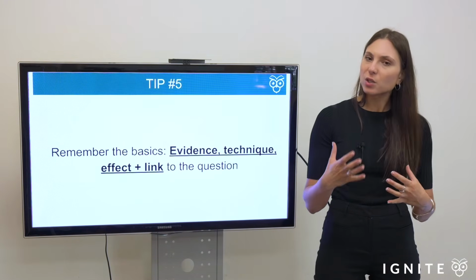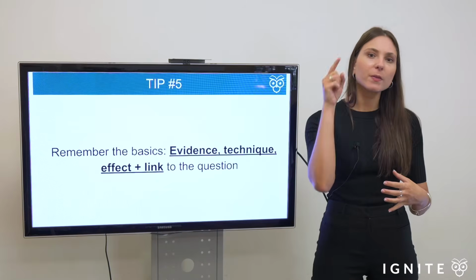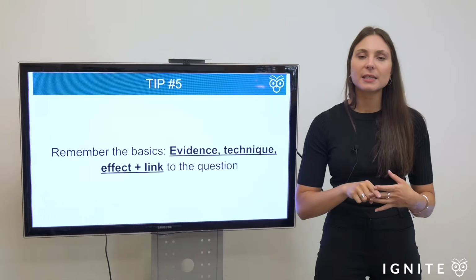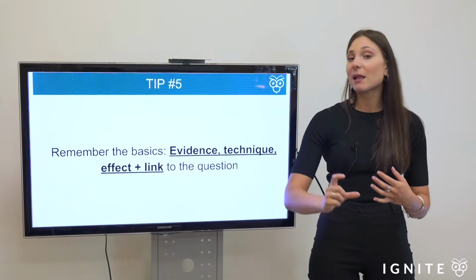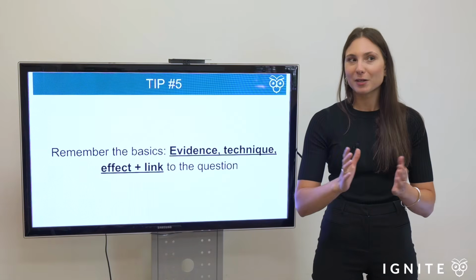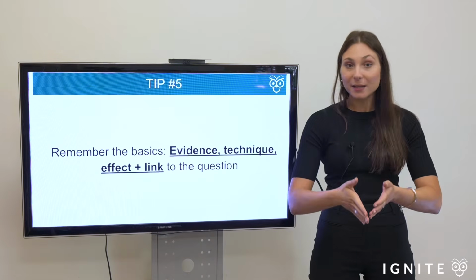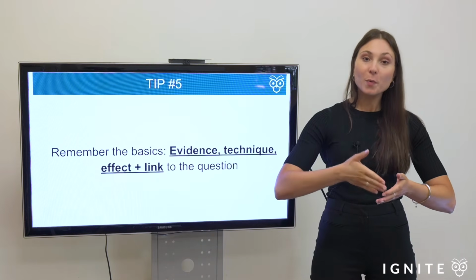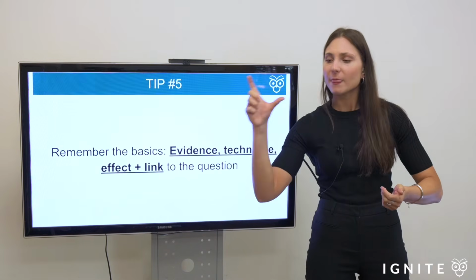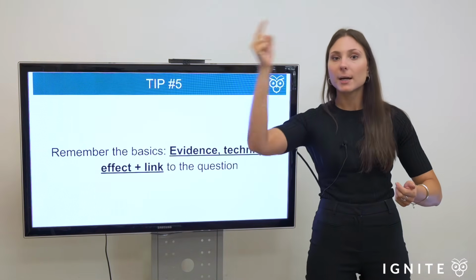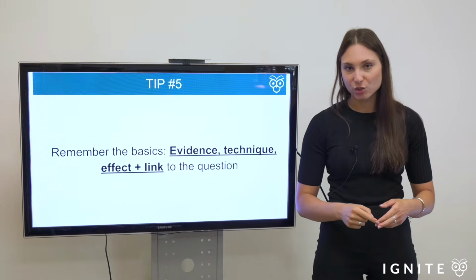If you've picked quite a long quote, make sure you pinpoint within that quote where the technique actually is. The marker needs to be satisfied that the student actually understands how analysis is working in the text, and you're not circumventing the need to analyze specifically, show where the technique is taking place, and explain the effect. And of course, most importantly, the effect that you're unpacking in the quote must be linked back to the question.